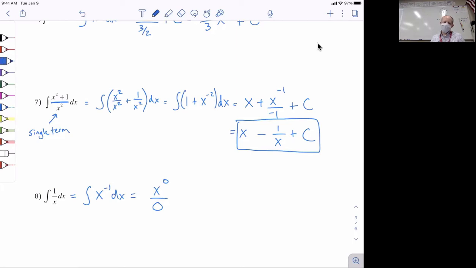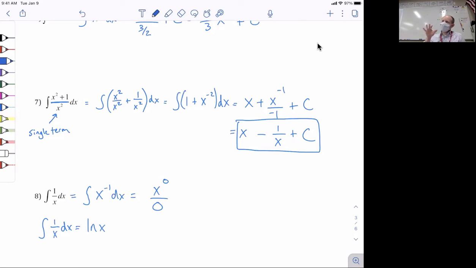Now I got to be careful that this is not actually undefined. Okay, this actually is indeterminate because just the form of it is a little bit awkward. And we're going to eventually learn that instead of using the power rule here, the antiderivative of 1/x dx is the natural log of x.